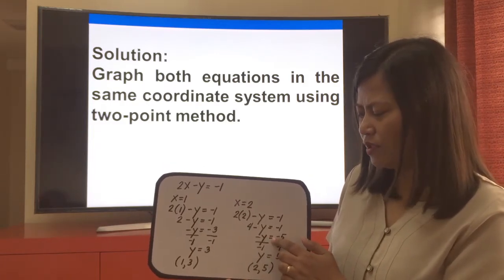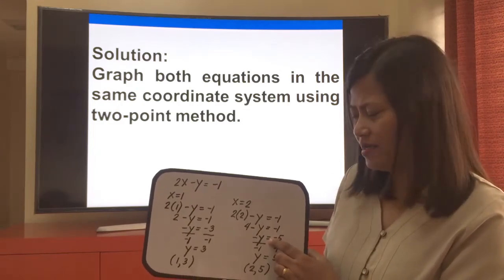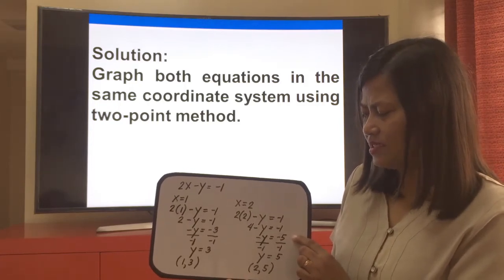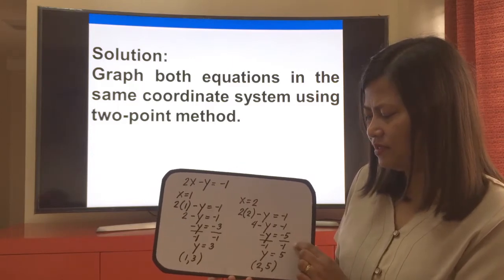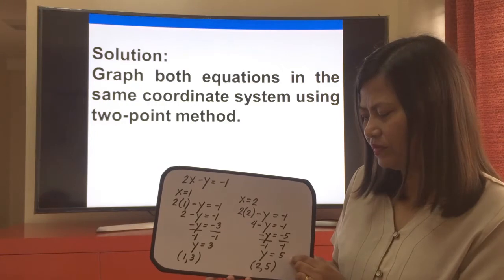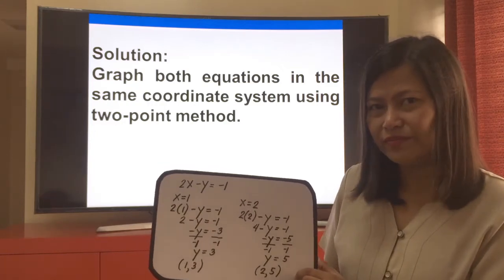So this is equal to negative 1 plus negative 4, which is negative 5. Divide both sides of the equation by negative 1. We have y is equal to 5. We now have the point 2, 5.